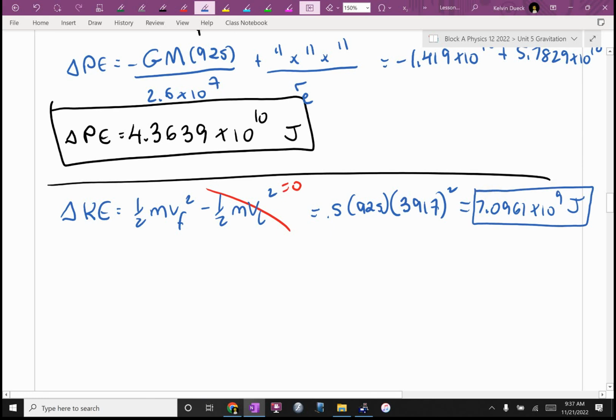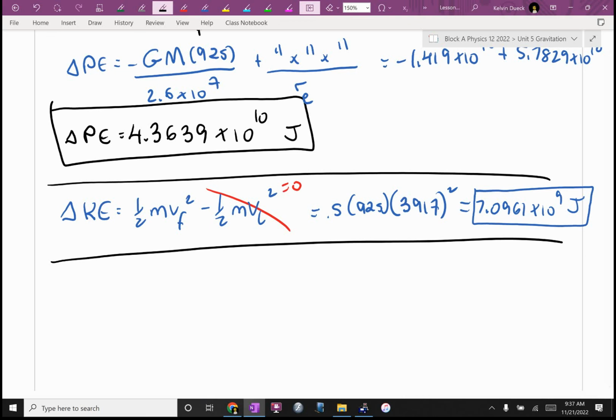Are we done? No! This is rocket science, baby. What did this question want me to find at the very beginning? How much? Okay, and what did we say work was equal to? First line, what did we write?